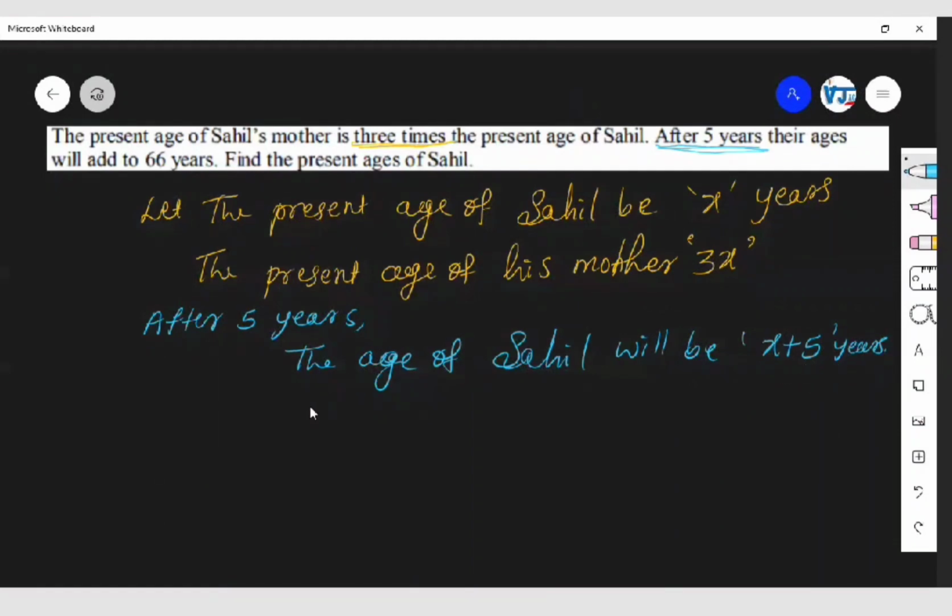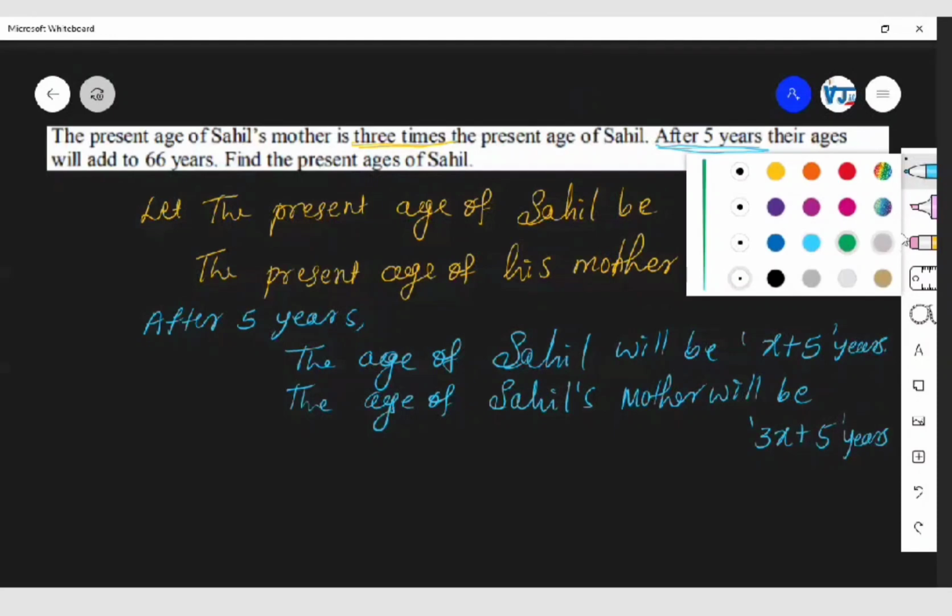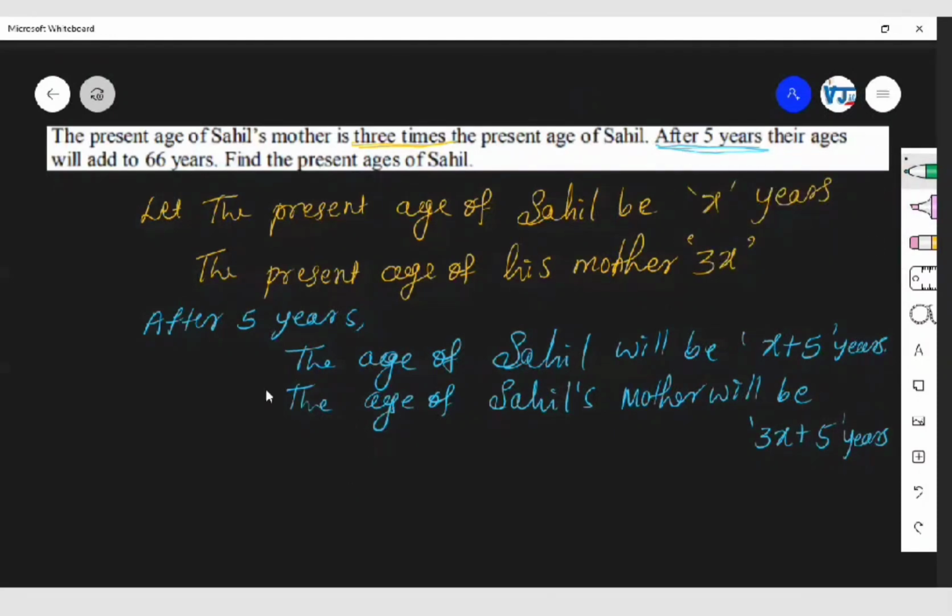Then the age of Sahil's mother will be 3x plus 5. Yes, what about other students? You have to understand this question. Next, after 5 years, the ages will be x plus 5 and 3x plus 5.